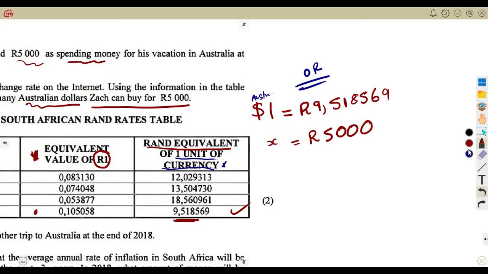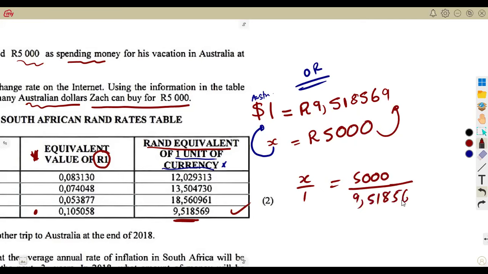So we saw the way that we're going to solve for x, guys. We're going to take x over 1 is equal to this, and do the cross multiplication. It's in your hands. Since if we divide x over this it is going to give us a 1, it's easier that we take that way. X over 1 is equal to 5,000 over 9,518569.